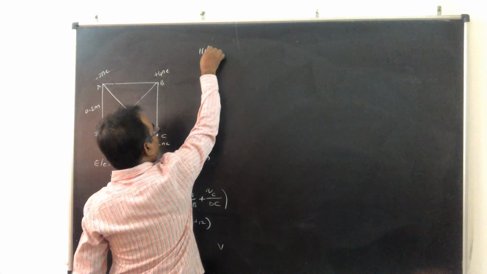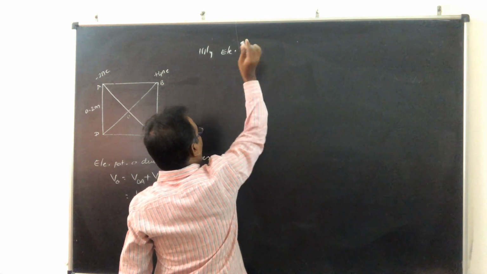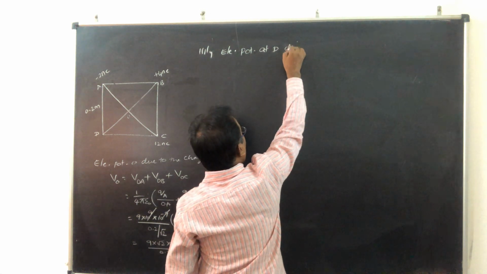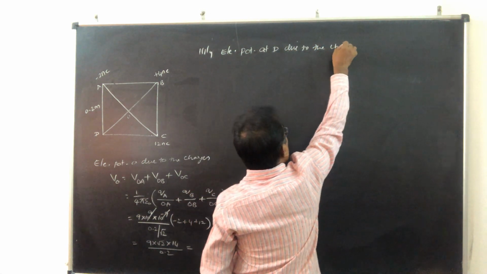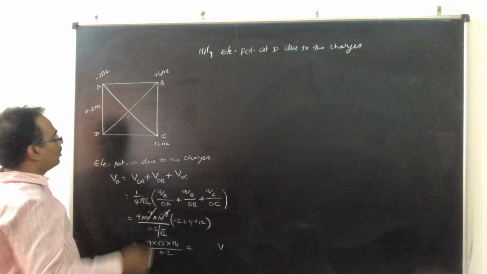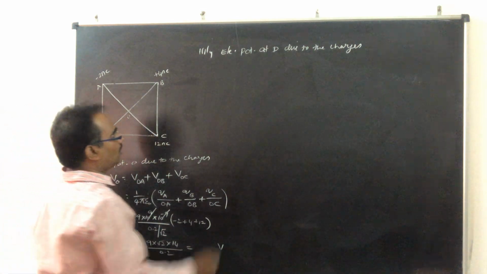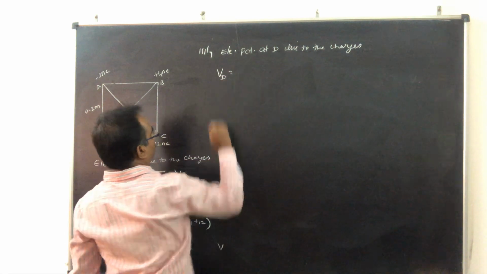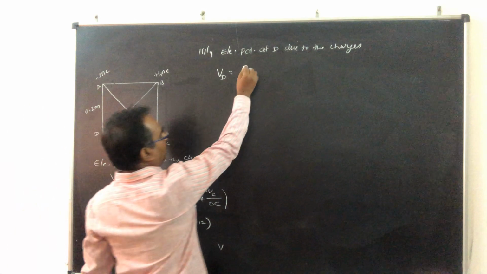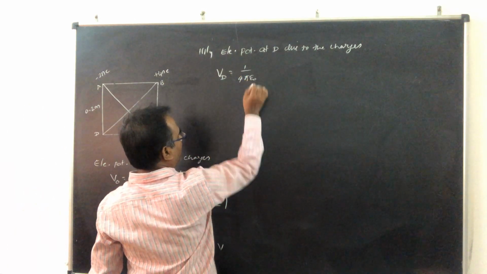Similarly, electric potential at D due to the charges. Due to these three charges, you find the potential at D. That is Vd. How to find the potential at D? By using the formula for electric potential at a point due to a point charge.